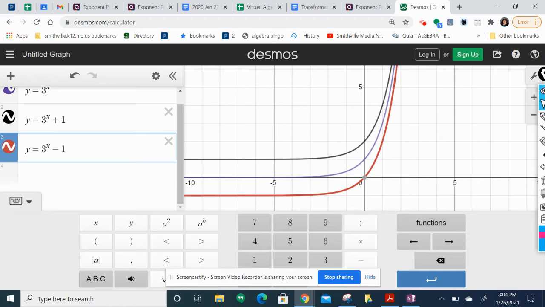And again, you can see from that original purple graph, it's shifted the whole graph down 1 unit. So what happens to the original function? Again, when I add that number at the end, it looks like it shifts up and down. Addition looks like it shifts up. Subtraction looks like it shifts down.